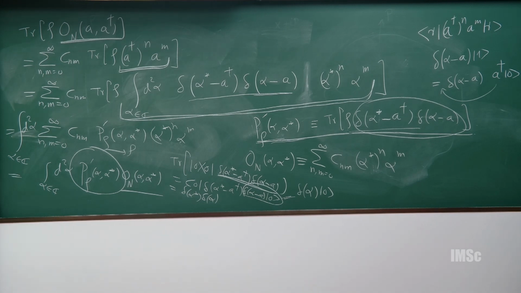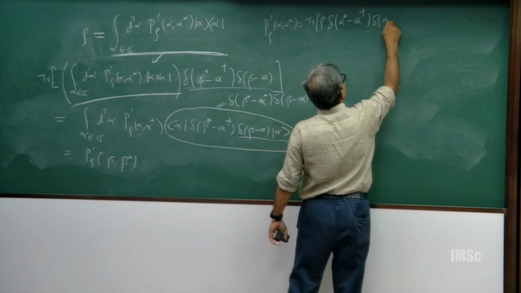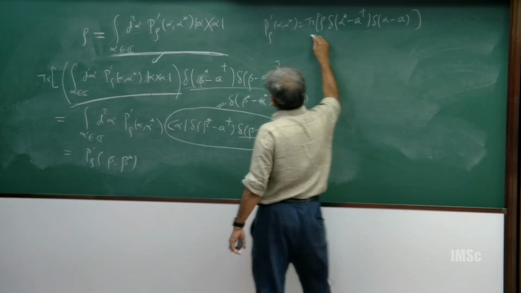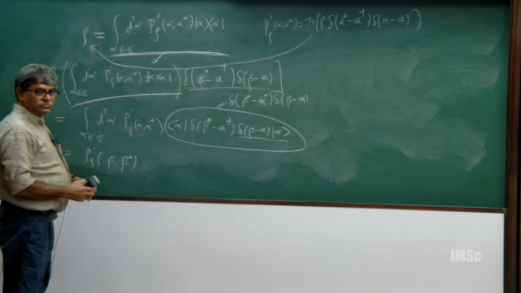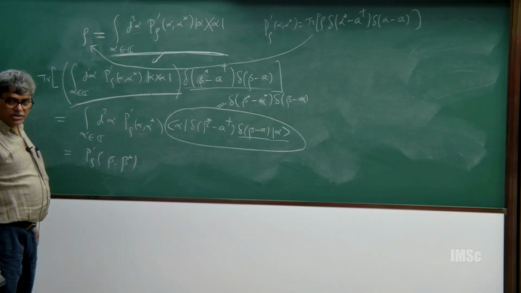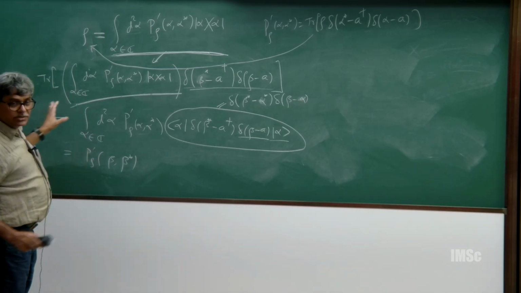So therefore, what we have seen is that once you have this definition, which is the trace of rho delta of alpha star minus a dagger times delta of alpha minus a, then from there you can figure out your rho. And this is unique.